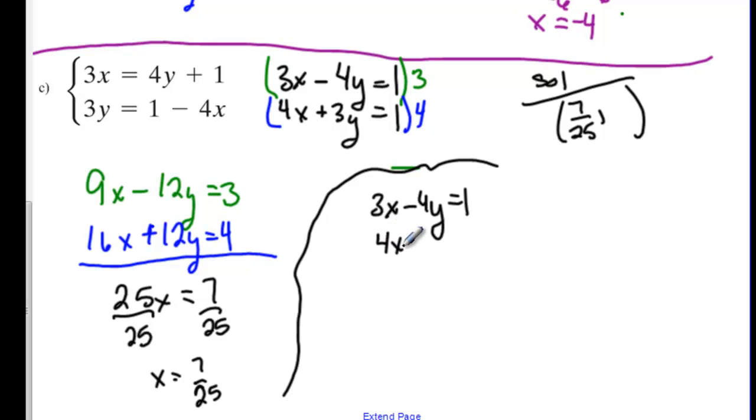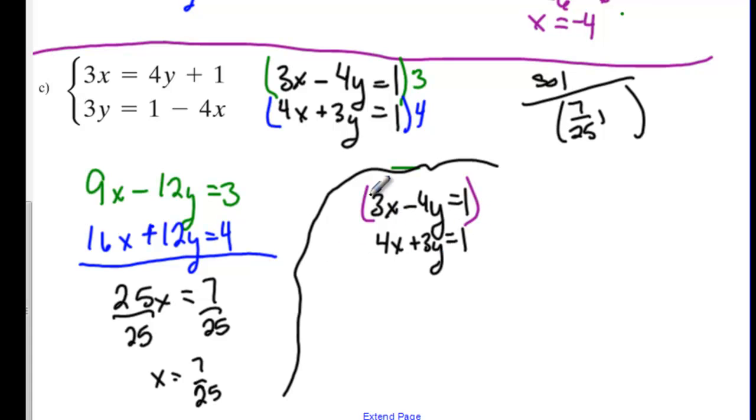And the 4x plus 3y equals 1. And we got the y's to cancel, now I'm going to get the x's to cancel. So we are going to go ahead and multiply by a negative. I was trying to avoid it, but good practice.